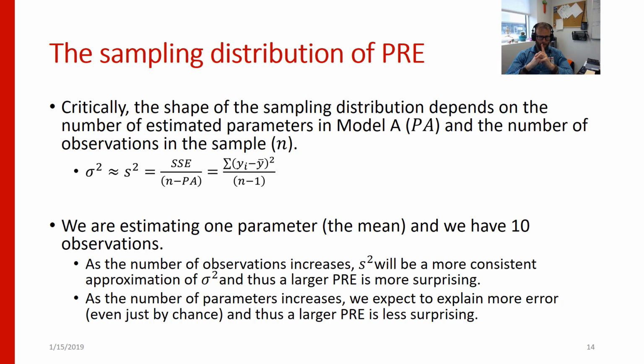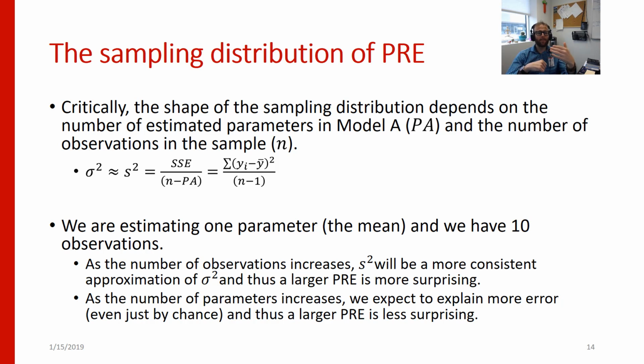When we're estimating one parameter, in this case the mean, and we have 10 observations, we have a very particular sampling distribution. We can simulate this, and in lab we'll walk through the math as well, to show that when we have a sampling distribution with 1 and 10 degrees of freedom, what proportional reductions in error are expected and which ones are unusual.